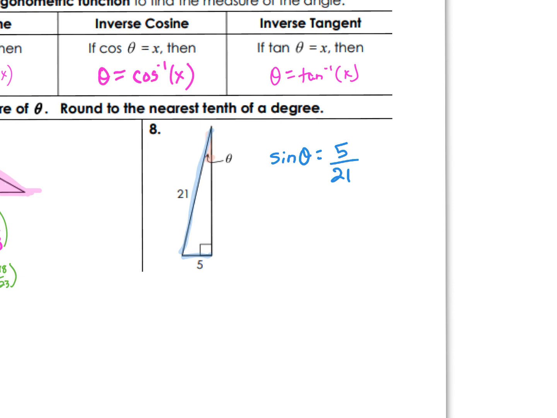So in order to solve, we are going to take the inverse sine. So theta is going to be equal to the inverse sine of 5 over 21. And what does that give us for degree measure? 13.8 degrees. Beautiful.